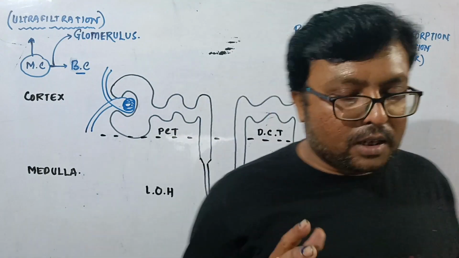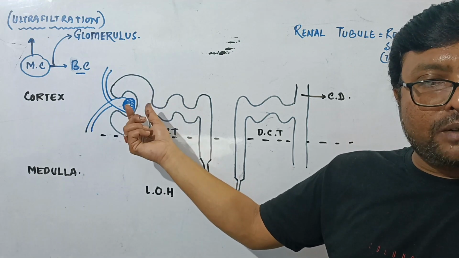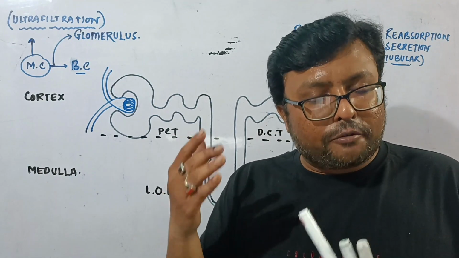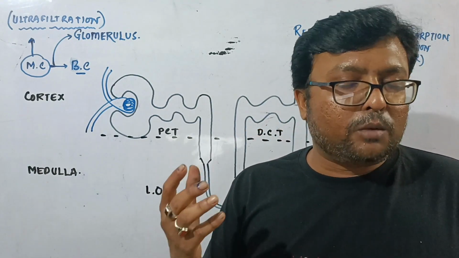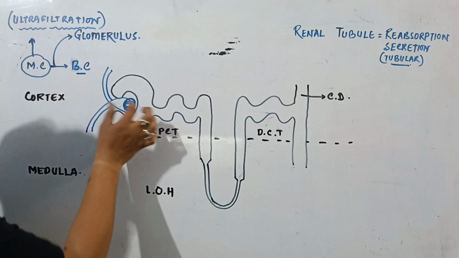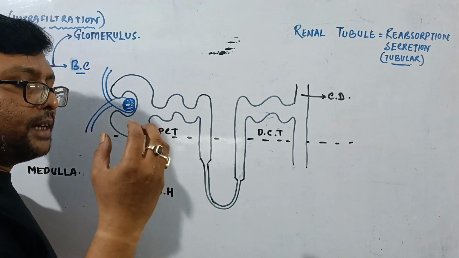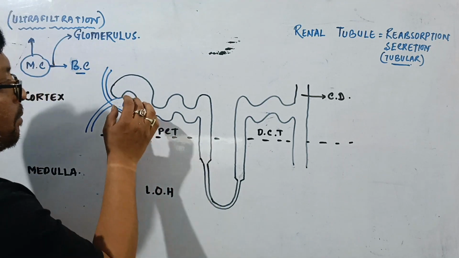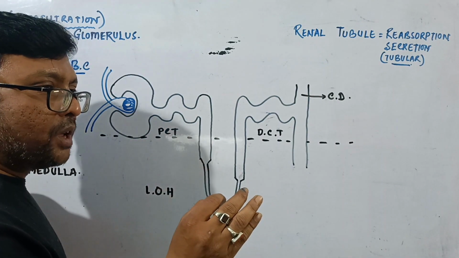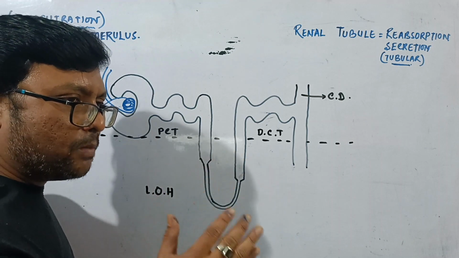In our previous class, we discussed that a filtration membrane is formed at this junction, and how metabolic wastes are filtered out from blood. আমরা আগের দিন দেখেছি যে এই জায়গায় একটা ফিল্ট্রেশন মেমব্রেন তৈরি হয়, and that filtration membrane is formed by the endothelial layer of the capillary, the basement membrane underlying the capillary layer, and the visceral layer of the Bowman's capsule.